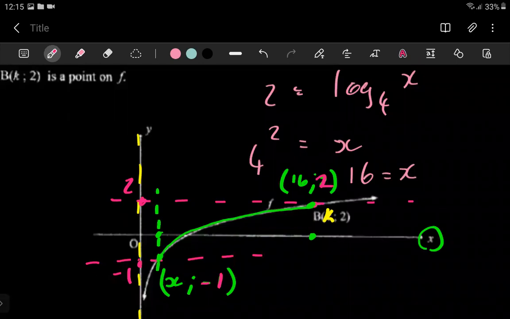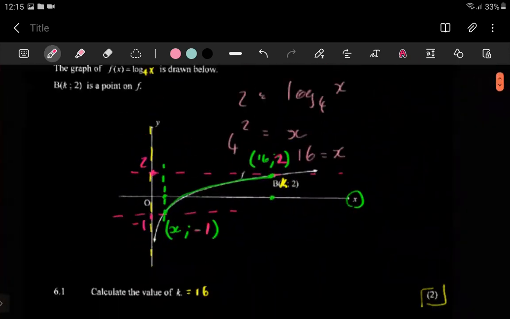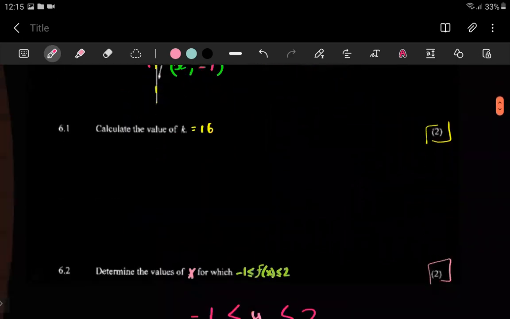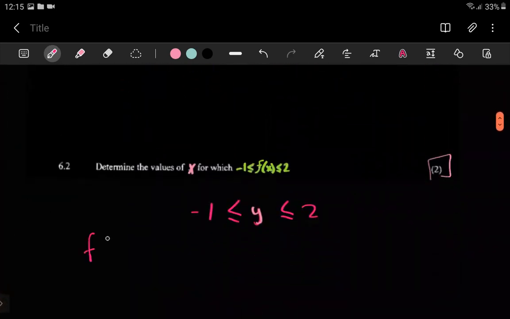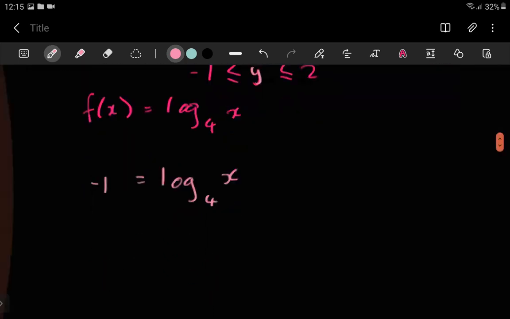So this is where the equation of the graph comes in, because in the equation of the graph, we just need to find out where is the x value, where is the y value equal to -1. So in the equation of f of x, f of x is equal to log base 4 of x. Where y is, we're putting a -1 there. And then we said this structure is giving us a base and an exponent.